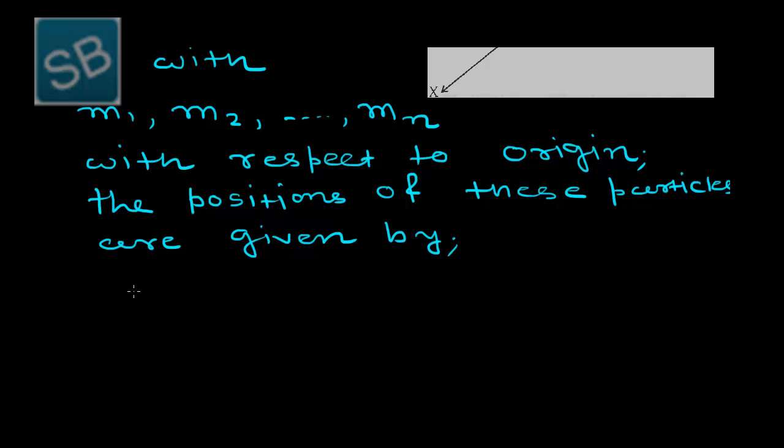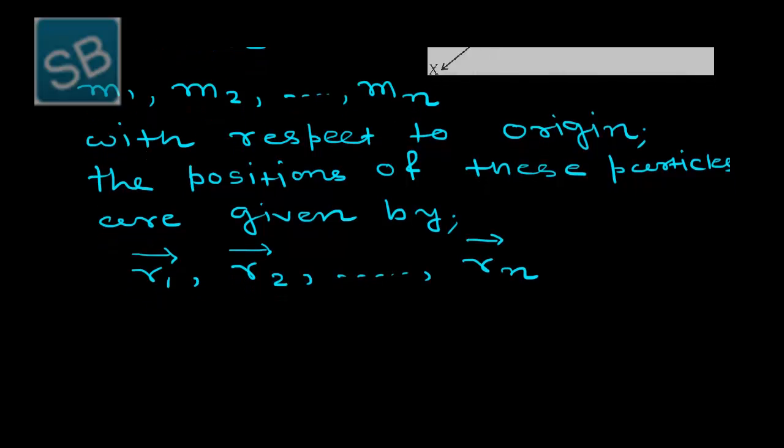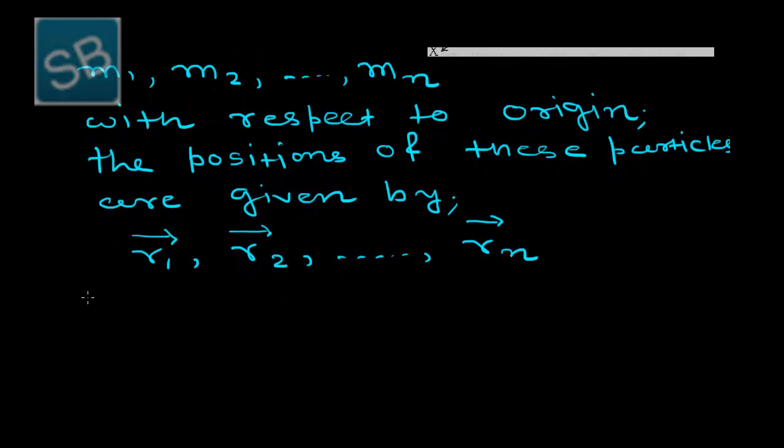So the first particle is having the position vector r1, the second particle is having the position vector r2, and the nth particle is having the position vector rn. So with this our description of the figure is over.